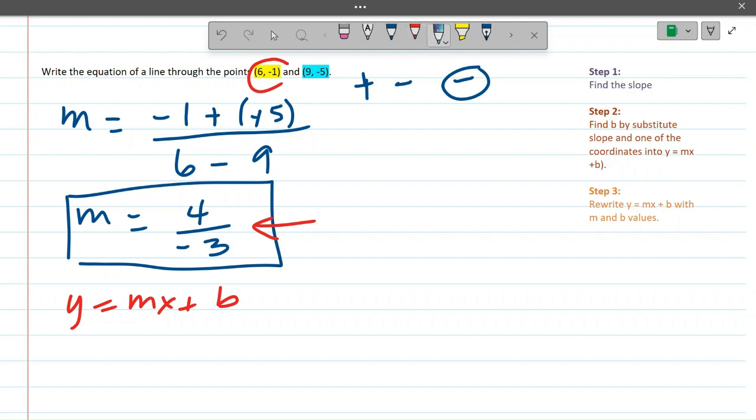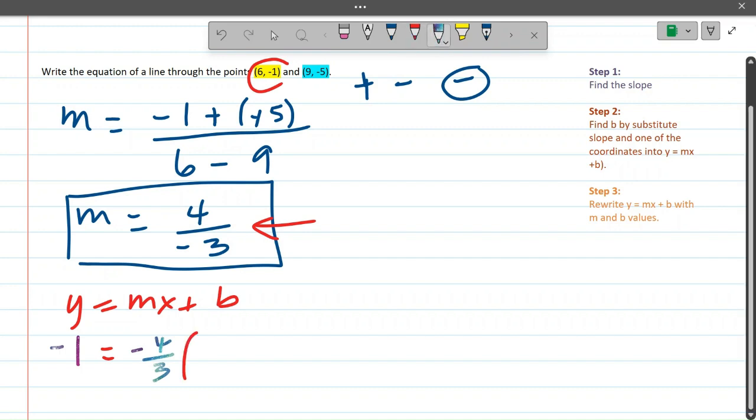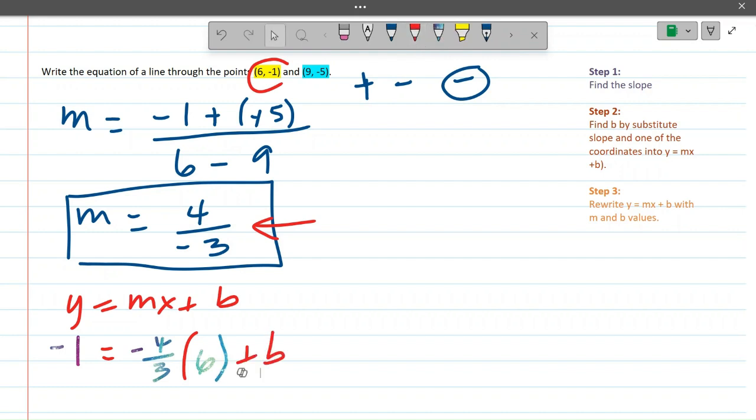So let's go ahead and I'm going to start with y. So that's -1 equals my slope, which is -4/3, times my x value, which is 6, plus b. We don't know that. That's what we're trying to find.